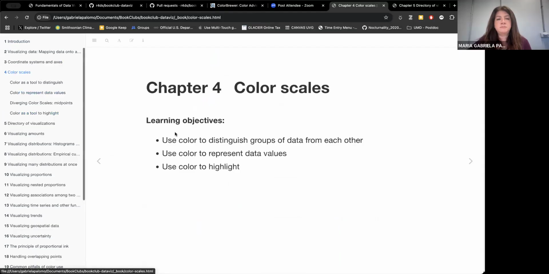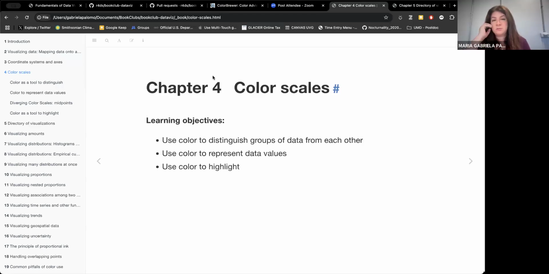Doing an assessment of this chapter, I think that it's, again, quick to get the information. It's very succinct, and I appreciate that a lot. But I think that the thing that it's missing is how to handle color blindness in your color palettes.